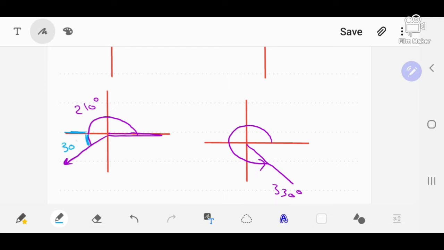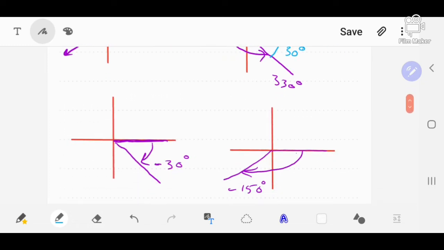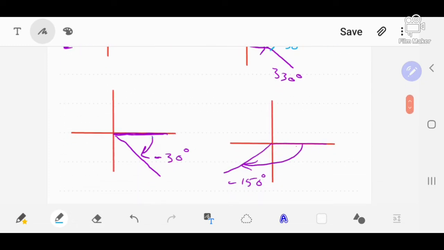It's again 30 degrees until you reach 360 degrees, a full circle. Here, actually the reference is still 30 degrees. What about here between negative 150 and the x-axis? What's left is 30 degrees. We are going to call these angles reference angles.